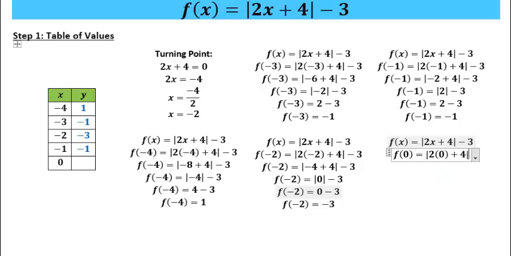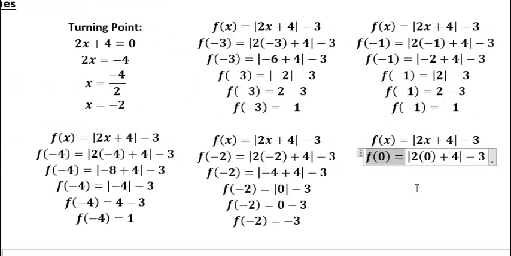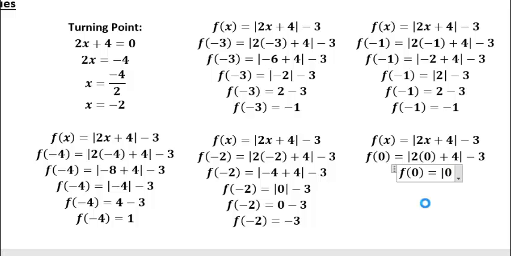I close absolute value bars, -3. Same way I'm going to continue working here. Absolute value of 2 times 0 will be 0 plus 4, and I close the absolute value bars, -3.